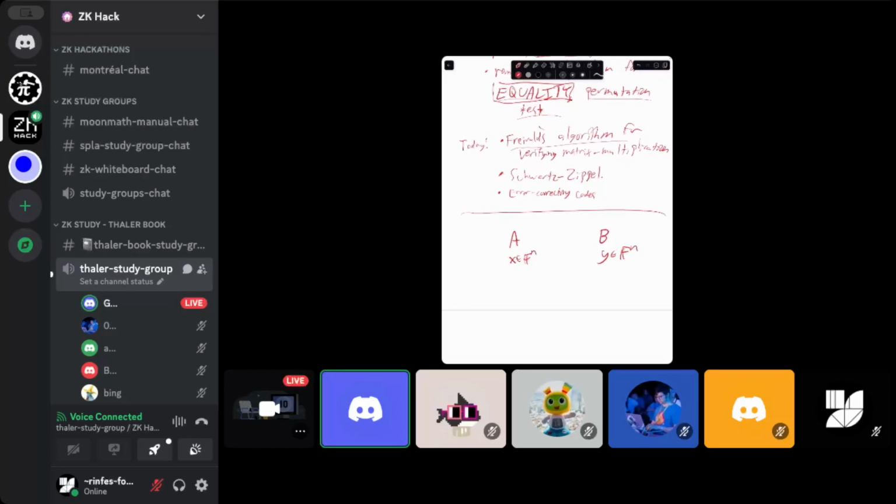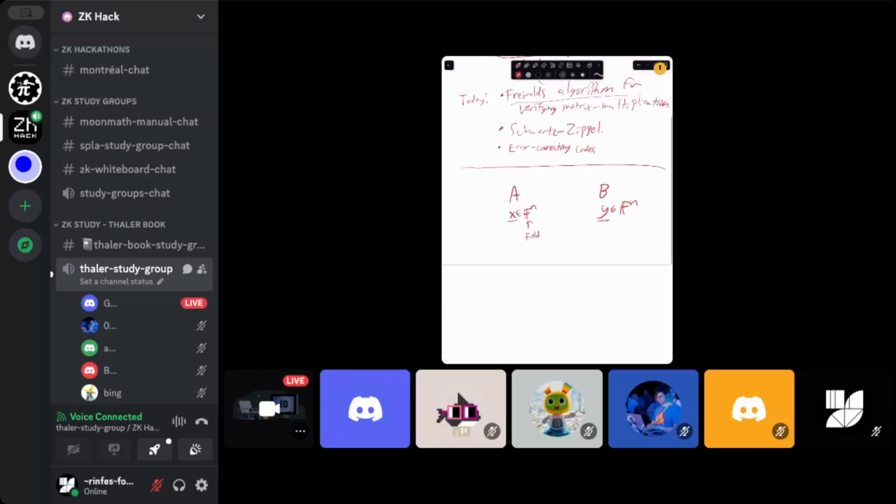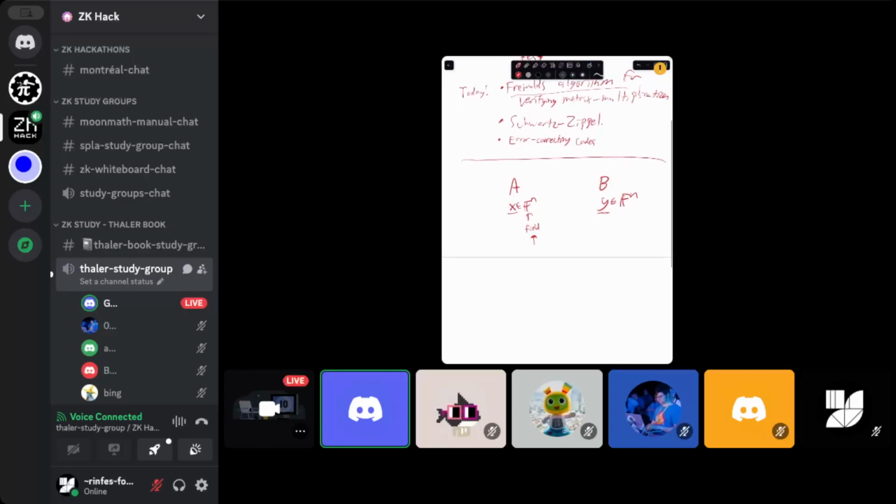Let's say Alice's vector is called X and Bob's vector is called Y. And this boldface F here is what's called a field. I had promised I would say a lot about what a field is today, but I might want to defer that to next week.